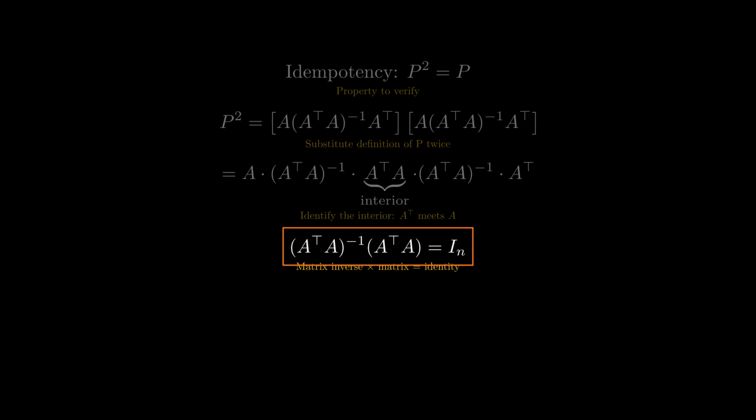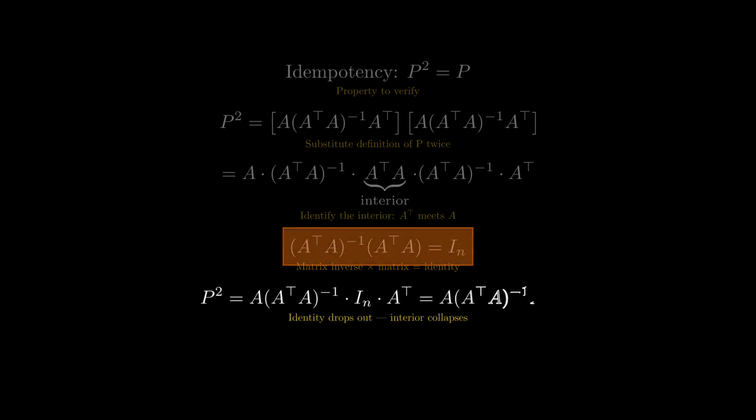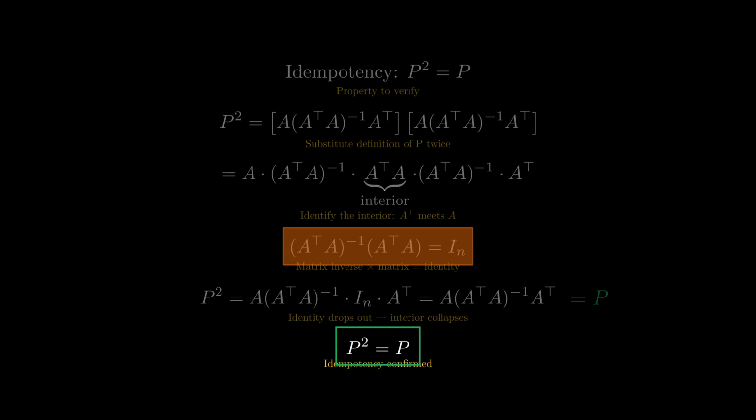So the interior collapses. With the identity matrix in the middle, we are left with A times (A transpose A) inverse times the identity times A transpose, which simplifies to A times (A transpose A) inverse times A transpose, and that is just P. Therefore, P squared equals P, confirming idempotency.